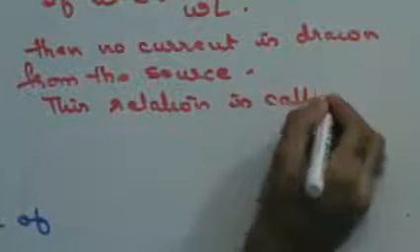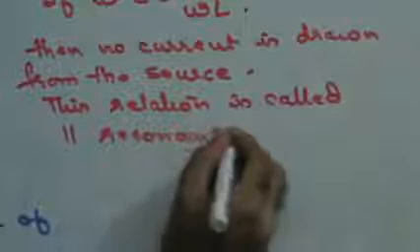This relation is called parallel resonance. Fine. So therefore at resonance omega C is 1 upon omega L, right?